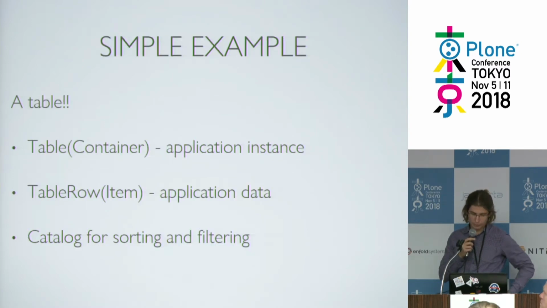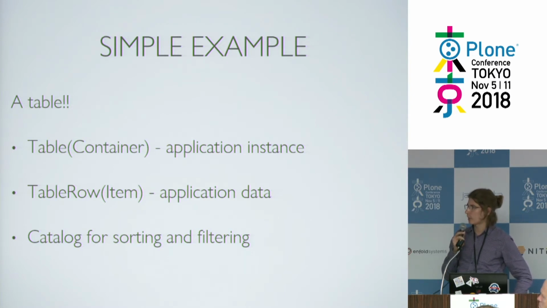So this simple example would be let's say a table application. If you want to present some information, filter it, fetch it from somewhere. You would have a dexterity container for the table and some contained items, let's call them table rows. You would go add new table row, fill in the fields, and then a custom view for the table container that would present these rows.